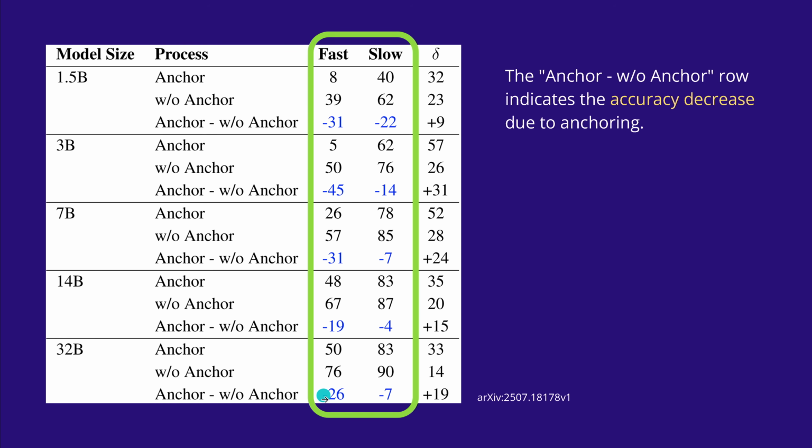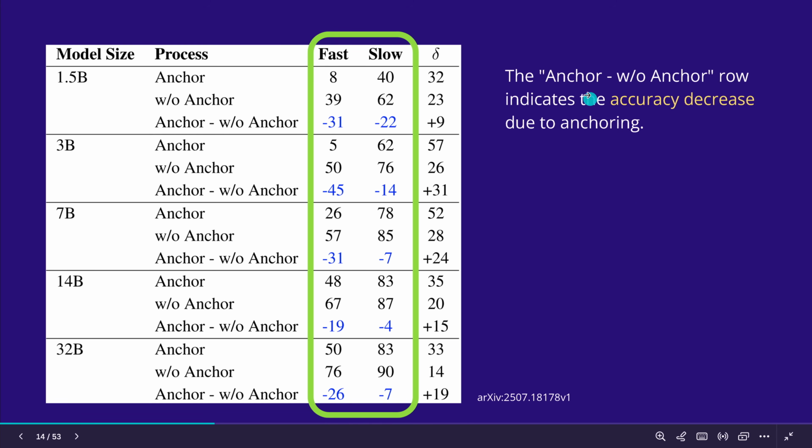And if you increase this, you see, interesting. So the effect on fast stays more or less the same, no? Minus 26 at a 32B compared to minus 31 at a 1.5B. But look, if you go here with the slow, the effect of anchoring is much less massive here because the system has, if you want, a causal reasoning regime that it tries to follow and come to a conclusion.